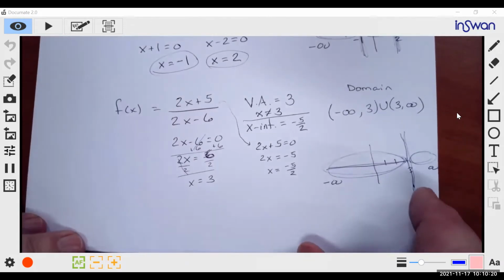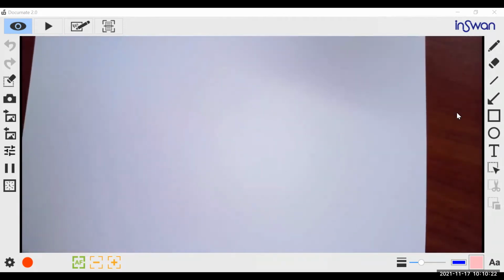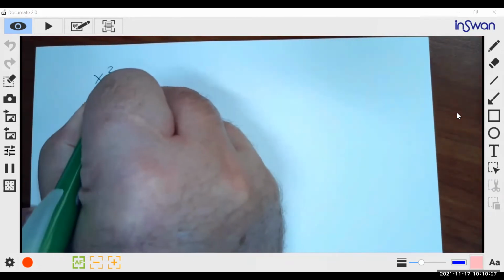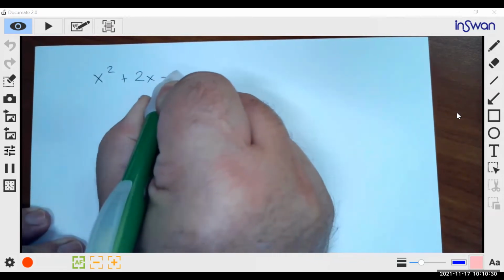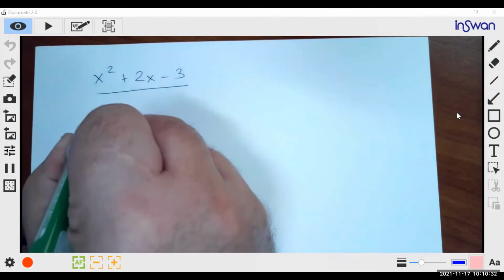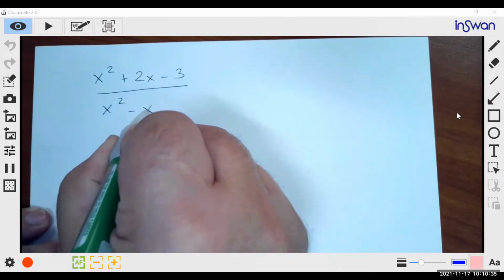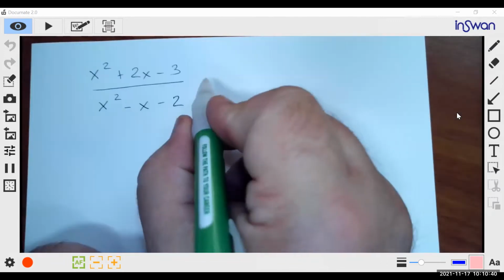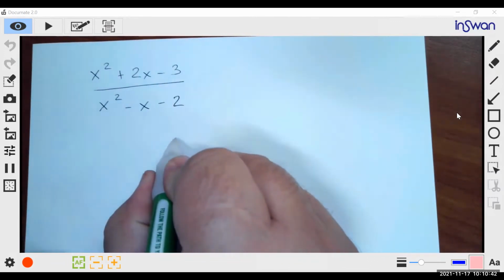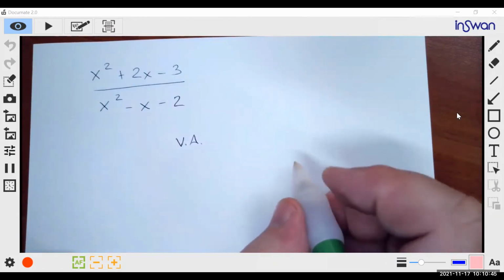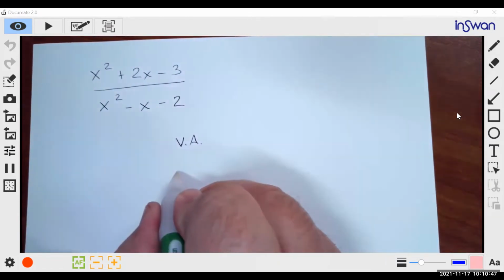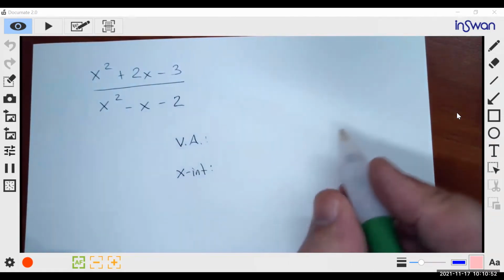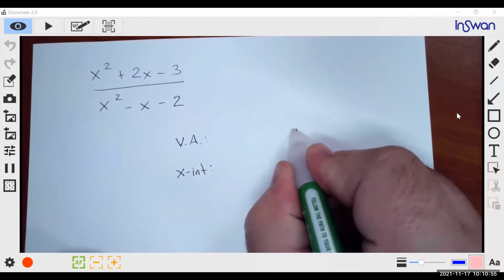So, all right, the next one. This is going to require more calculations. x squared plus 2x minus 3 over x squared minus x minus 2. Same things. I want to know the vertical asymptote, I want to know what x is for the x-intercepts, and I want to know the domain.